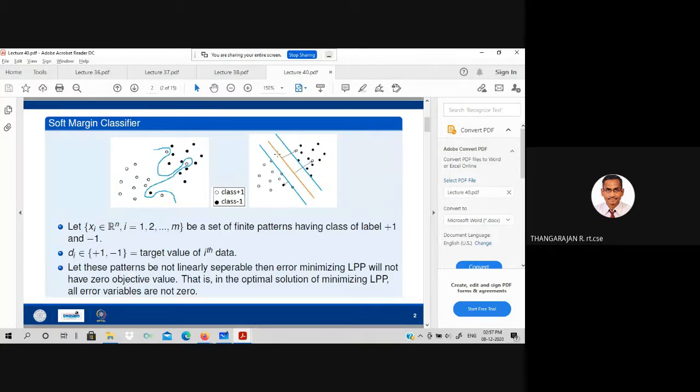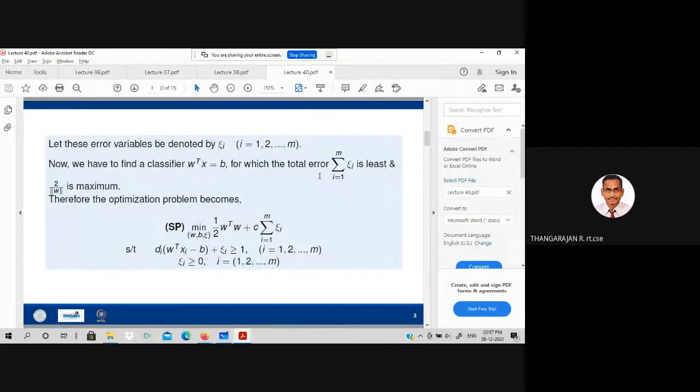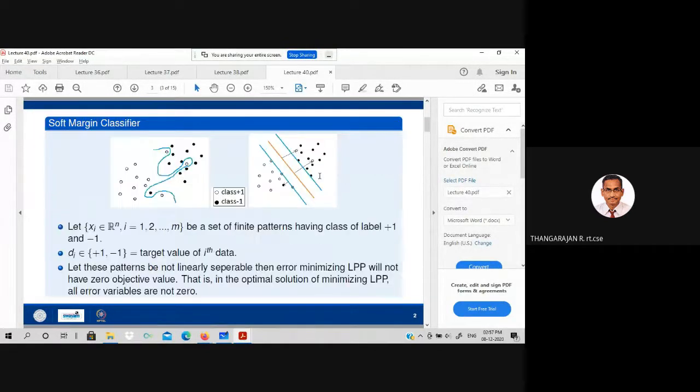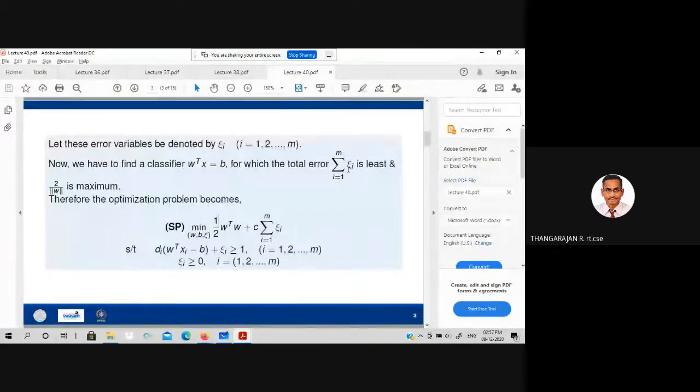At the same time, we want to minimize this error. The error is given as epsilon. This is a set of errors multiplied by a constant. You give a weightage for that.